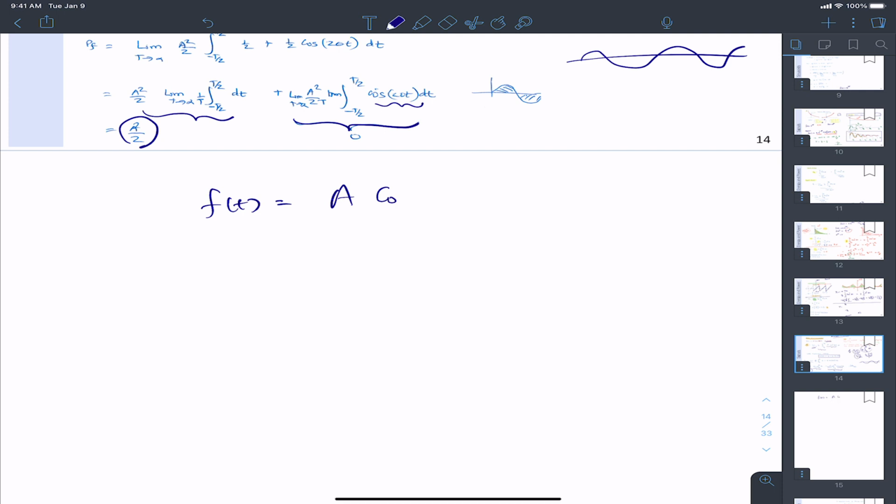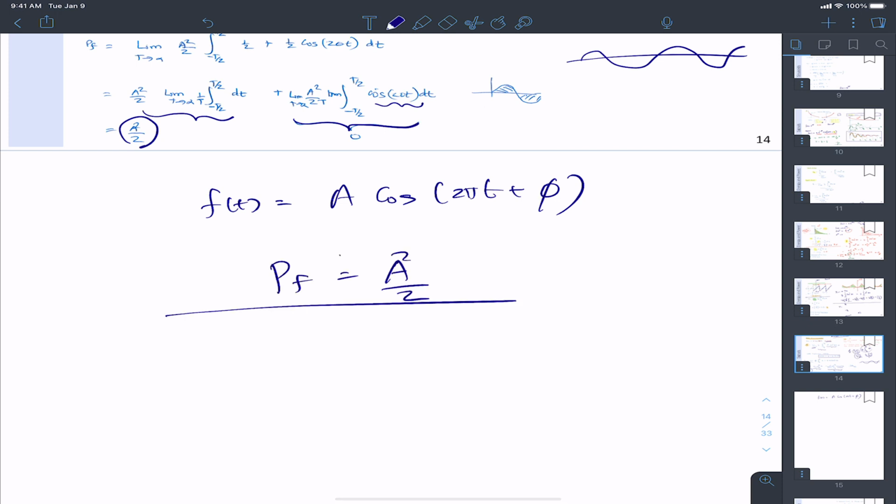I gave this question many times as a quiz, and most of the time students will struggle. I will ask the students to derive what is the power of this signal. Students will do all kinds of integration, and most of the time they won't get the answer, but you can close your eyes and write that the power of this signal is A squared by 2. That is something you need to know by heart.